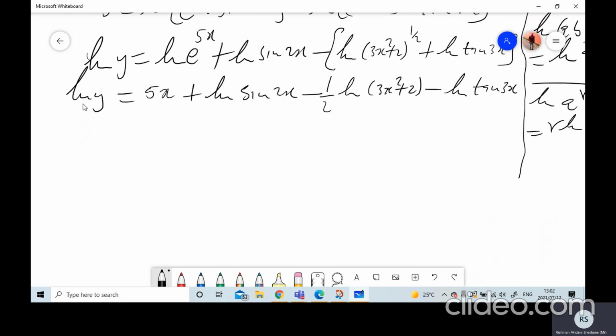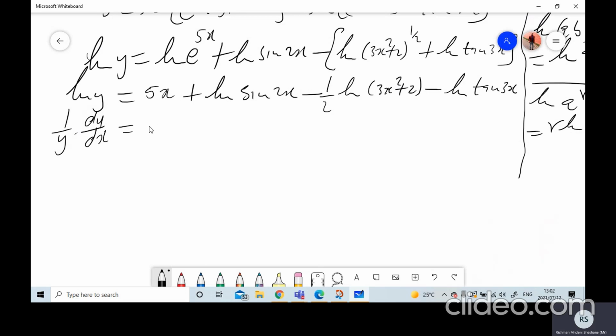Here on the left-hand side, I want to derive ln of a function. So the derivative of ln y will be 1 over the function y times the derivative of the inner function. The derivative of y is dy/dx, equal to the derivative of each term.